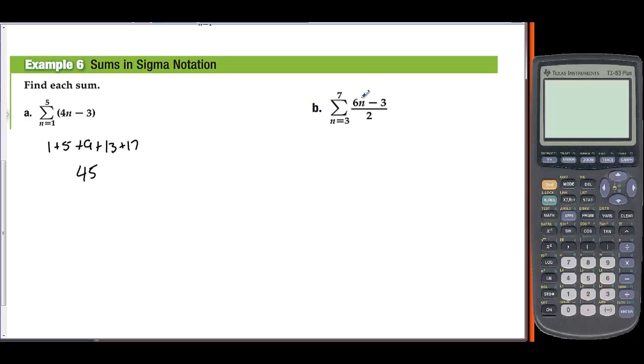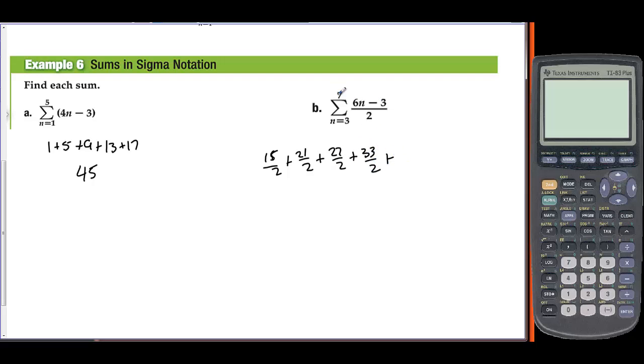In letter B, we plug 3 in to begin with instead of 1. That's 18 minus 3, that's 15 divided by 2. So let's say 15 halves, plus. Plug 4 in, 24 minus 3 is 21, so 21 halves. Plug 5 in, 30 minus 3 is 27 halves. Plug 6 in, we get 36 minus 3, that's 33 halves.